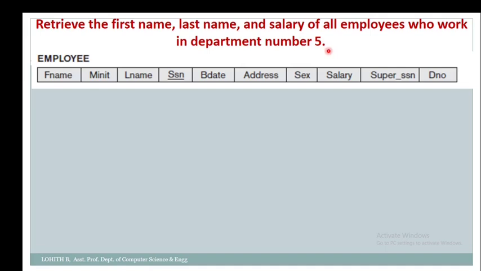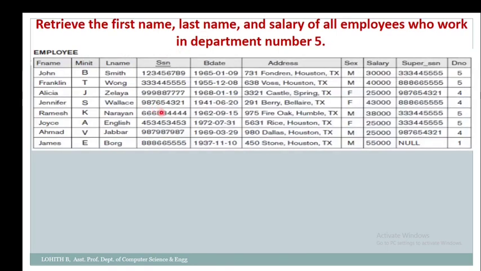So the resultant algebraic expression is the combination of sigma and pi, because here I need to select the tuples, and also I need to select the columns. Yes, so this is the employee table. You can see here, from the employee table I need to select those rows belonging to department 5 first.